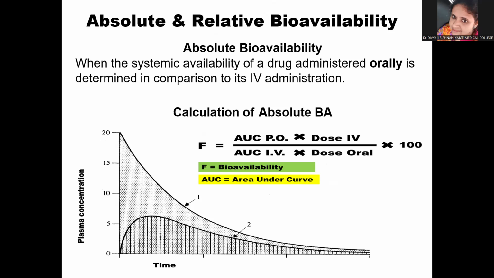You have to choose the IV route for that particular drug, because by the oral route you will only get 5% of it. So absolute bioavailability helps you understand the route of administration, whether you should give it orally or stick to the IV route.